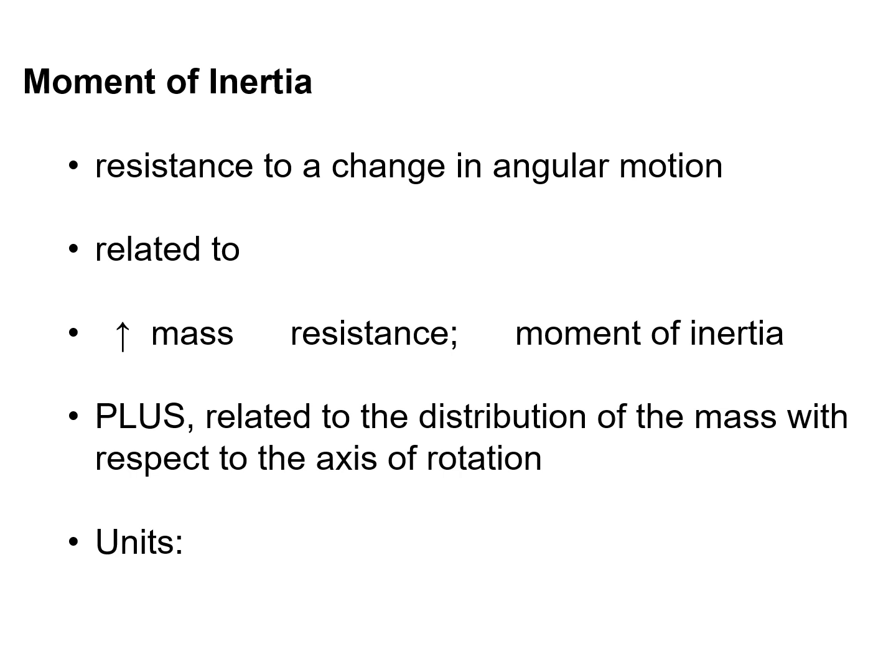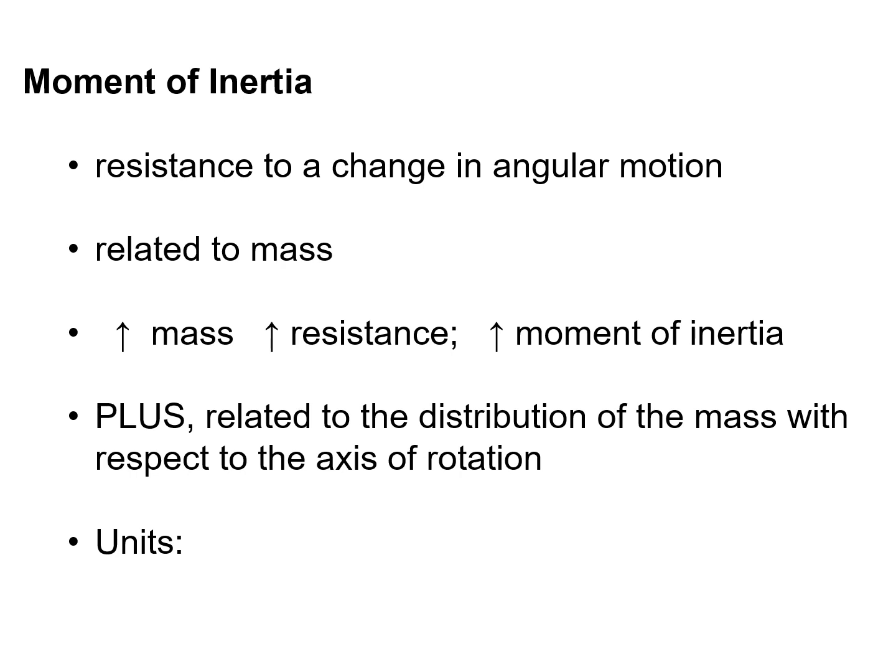It is the resistance to change in angular motion. So much like linear inertia, where it's resistance to change in linear motion, moment of inertia for angular is the resistance to change in angular motion. It's related to mass: with an increase in mass, we see an increase in resistance, which leads to an increase in moment of inertia.